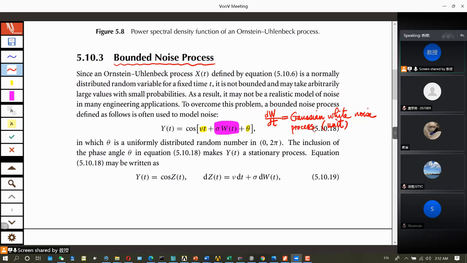Okay, so sigma is the amplitude of the noise. Okay, so obviously when sigma is equal to 0, we have yt equal to cosine nu t plus theta, and this is a harmonic.